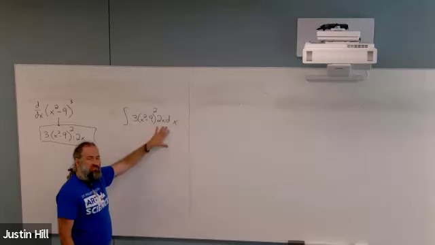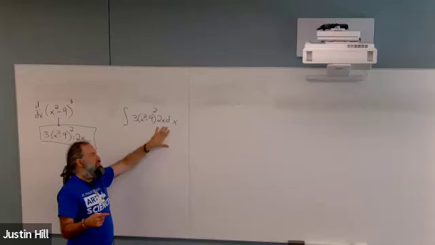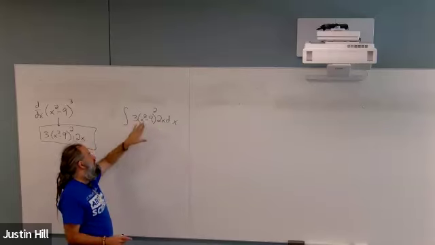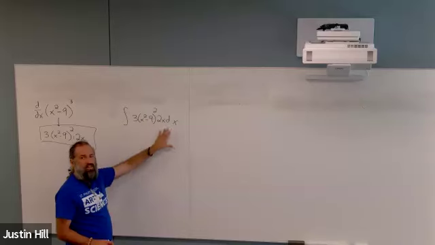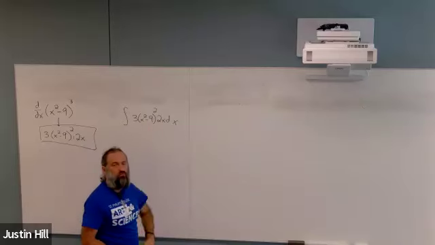But the reason you have this stuff outside is this: the question is, how are we going to undo this? To undo this, you need to have both a function within another, and you need to have the derivative of that inside function already present outside, in your integral.